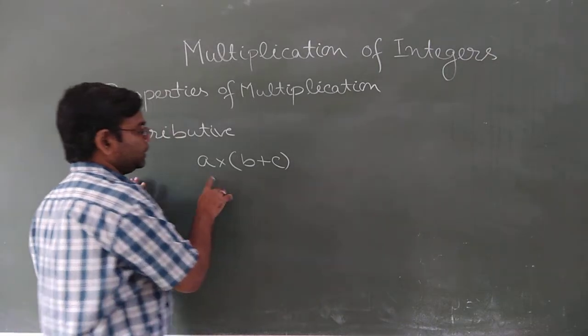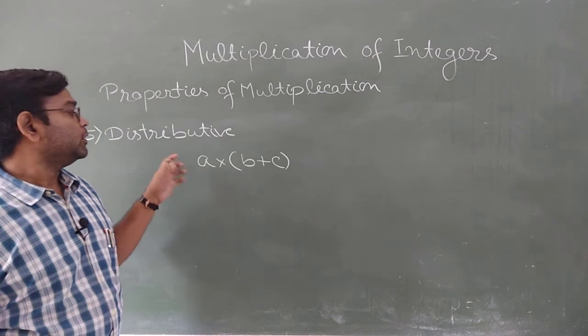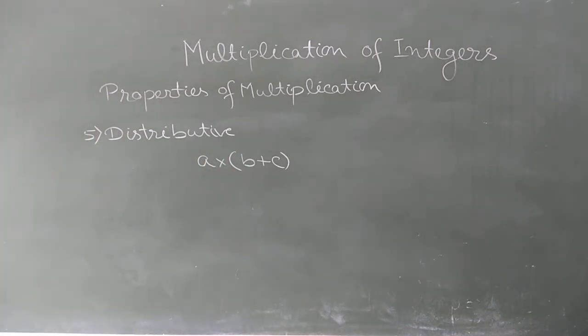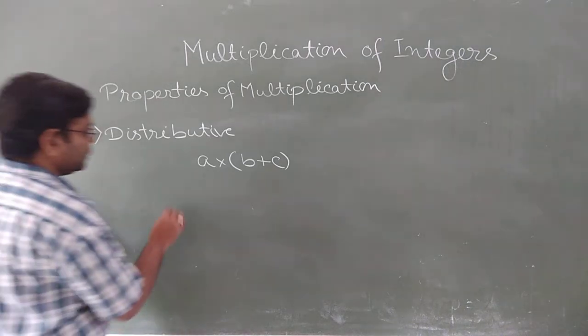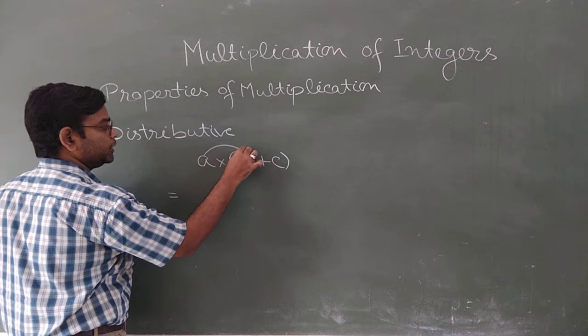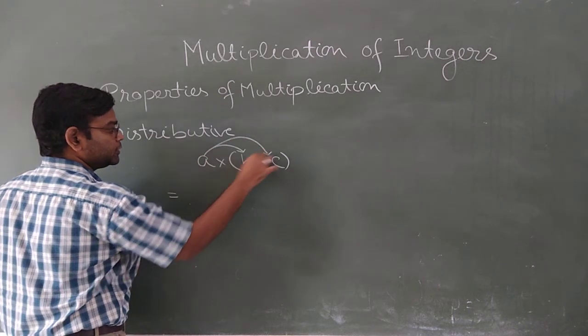So this multiplication gives you a distributive result. Means what? This A is first multiplied to this B, and at the same time multiplied with the C.